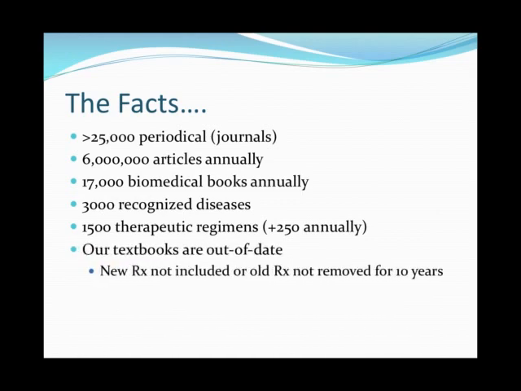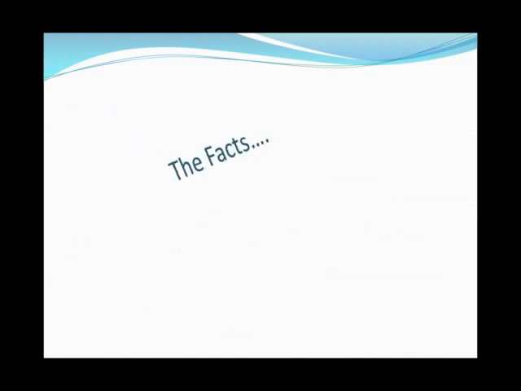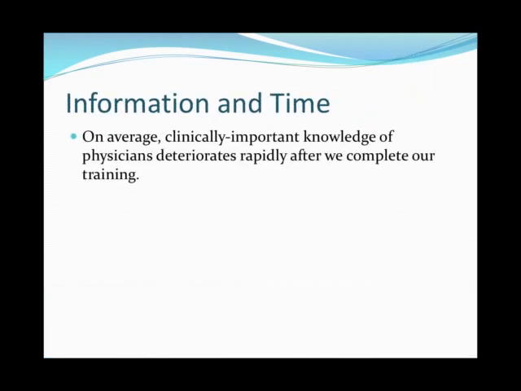We have new therapeutic regimens, new medicines, new ways of treating patients that come out every year. But a lot of times textbooks are out of date, because a new treatment might not be included, or an old treatment might not be removed for sometimes up to 10 years. And so that is just way too slow for how we practice medicine now.